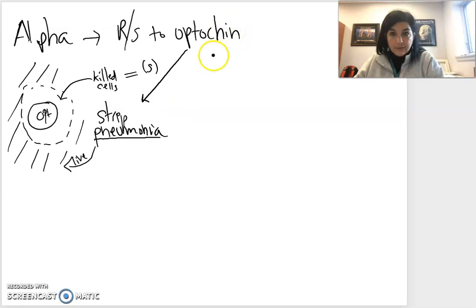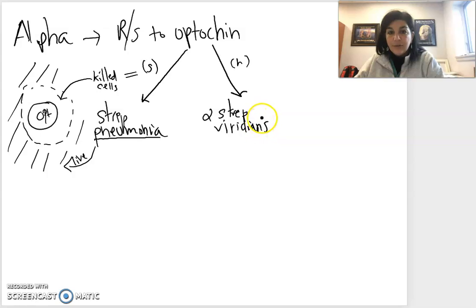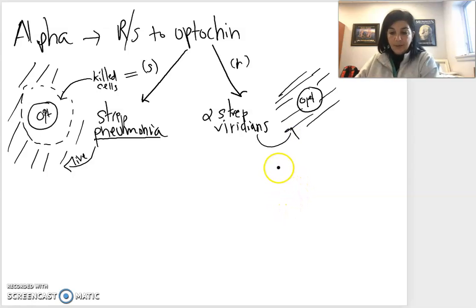If they are resistant to optochin, then we're dealing with alpha strep viridans. So alpha strep viridans will continue to grow even in the presence of optochin because they are resistant to that antibiotic. Okay.